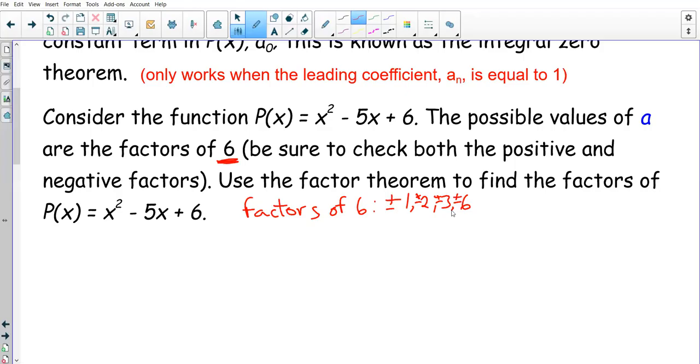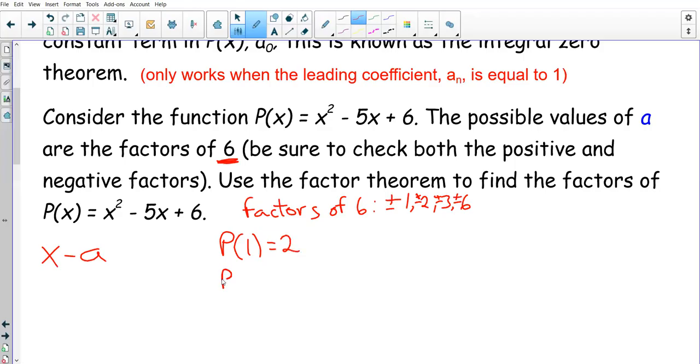And so if I want to use the factor theorem to find the factors of p of x, well, remember, we're thinking about x minus a, and so we're going to try all the values of a. So I could try p of 1. I'm going to put 1 in for x, so that gives me 1 minus 5 plus 6, so that's going to be 2.